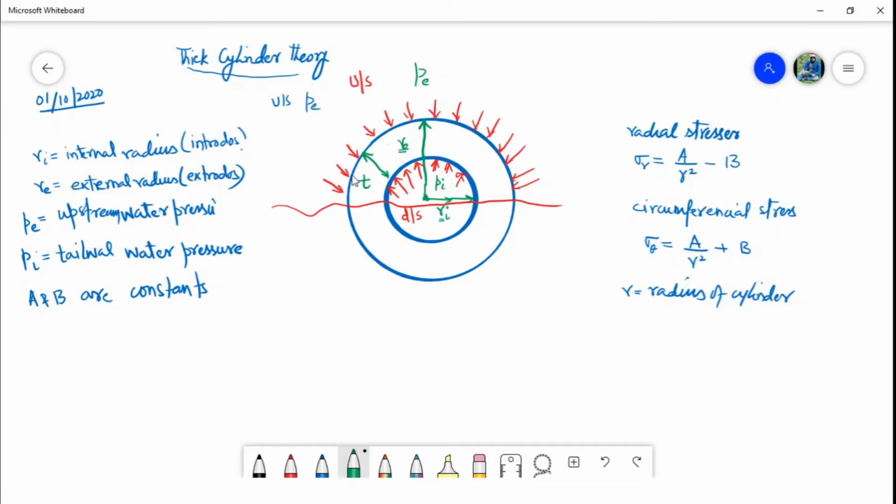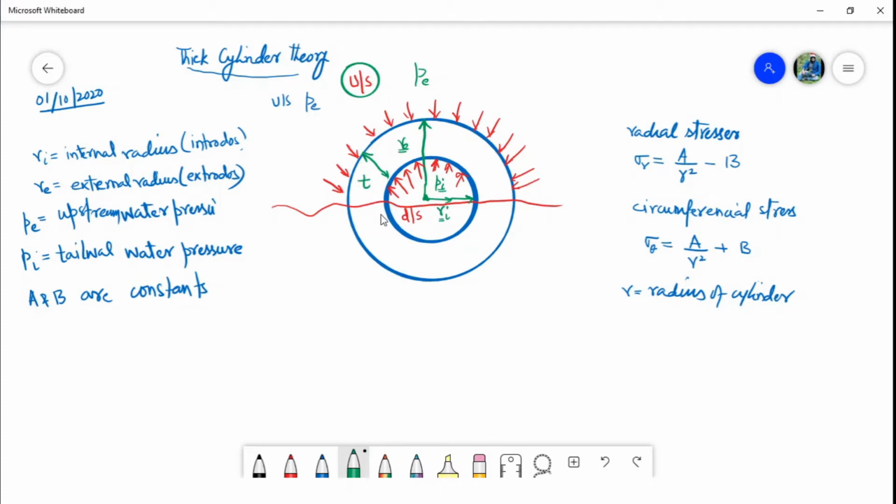Suppose this is the upstream part, and this is subjected to pressure PE here, and this is the internal part, so the pressure here is PI. The thickness of this cylinder is say T.